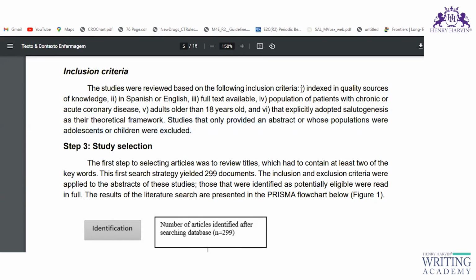So according to the inclusion criteria only, you have to select the studies. Understood what inclusion criteria is, what its significance is, and how you can frame it? This also you have to mention in your study when you are writing an article.